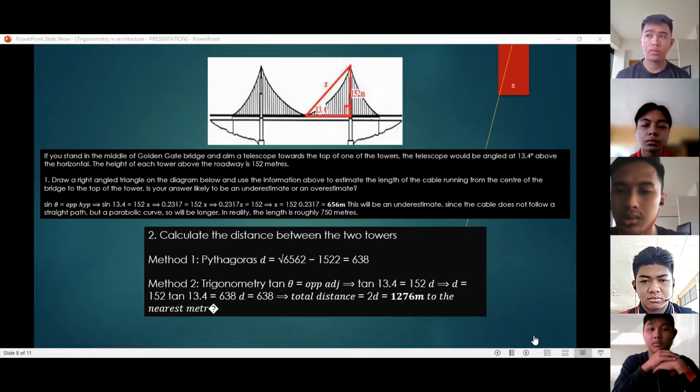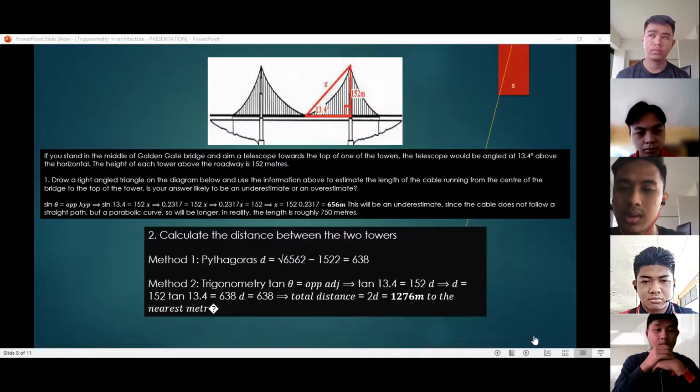Is your answer likely to be an underestimate or overestimate? Find x. We will use the formula sin theta equals opposite over hypotenuse. Since sin 13.4 degrees equals 152 over x, we will move x to the left side and it becomes 0.2317 x equals 152.